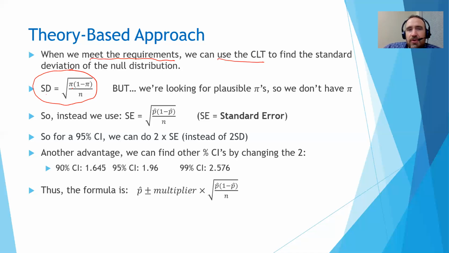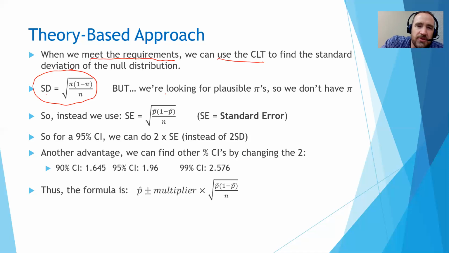We're trying to figure out what pi is like. So we do a substitution and we use p hat in its place. We hope that p hat is something like pi. For example, in the Affordable Care Act example, we hope that that 69% from the sample is something like what we'd see out there in the whole population.